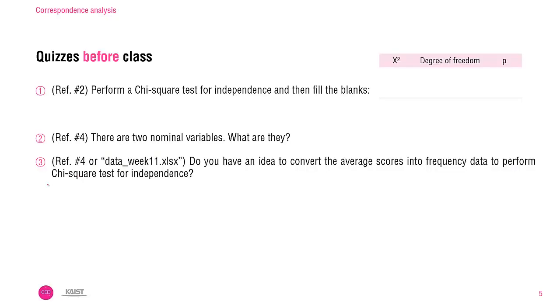The quiz number 3 here is asking you what your idea is regarding the conversion from the average scores into the frequency data to perform the chi-square test for independence.